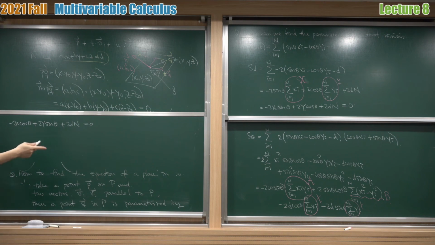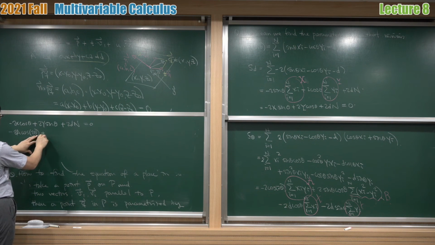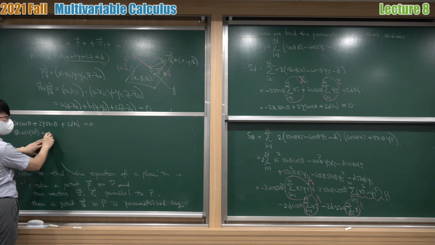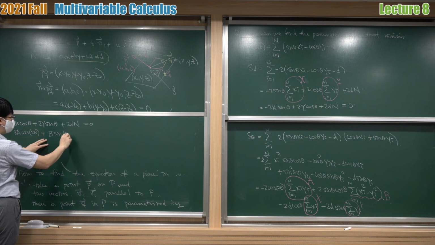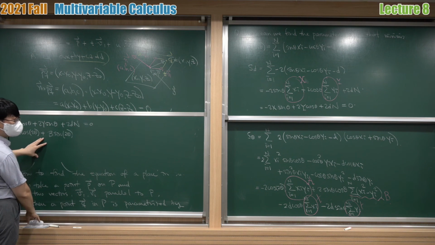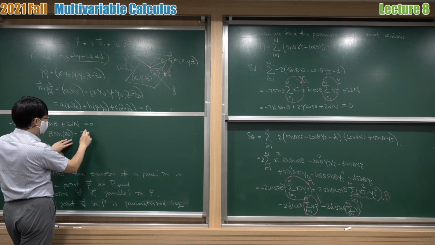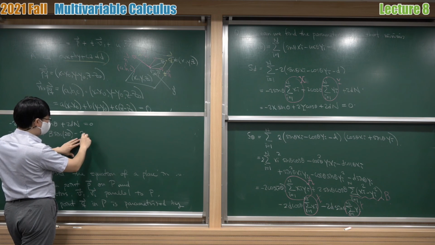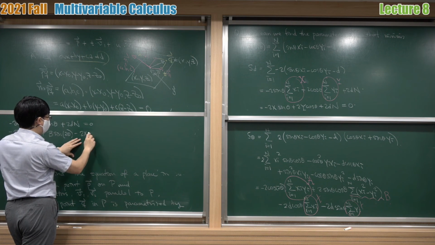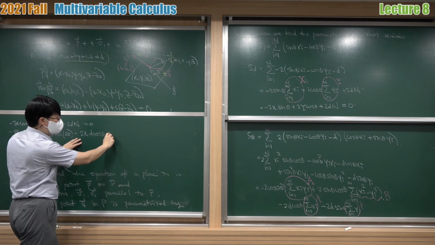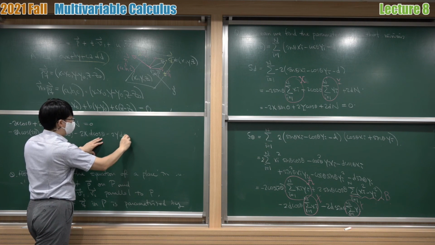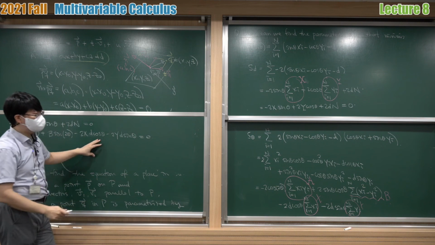That's the first one. And the second one is minus 2A cosine 2 theta, and for the second part, let's make it simpler, it's B sine 2 theta, and then minus 2X d cosine theta and minus 2Y d sine theta equals 0.